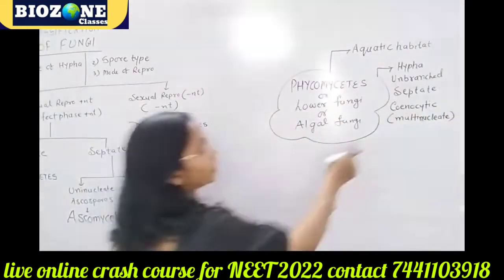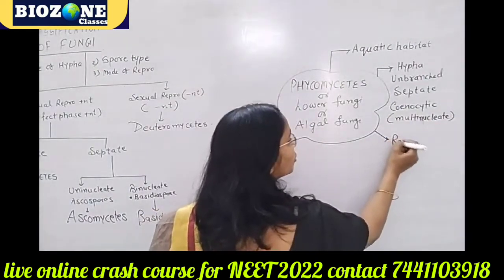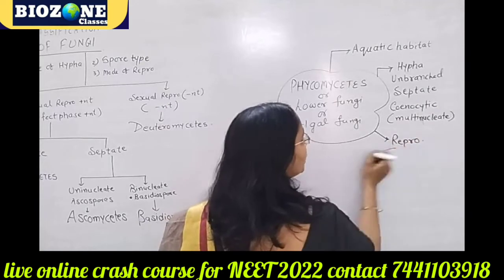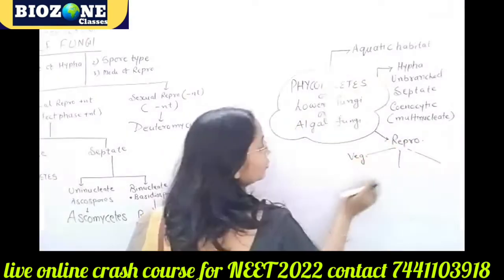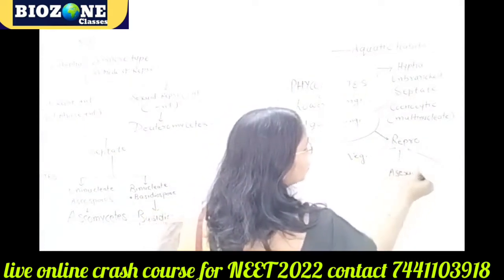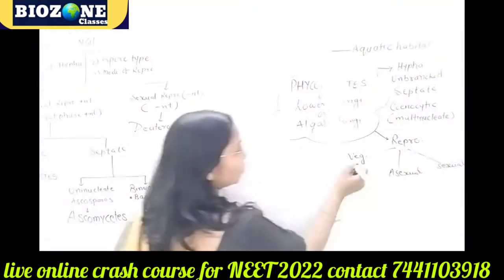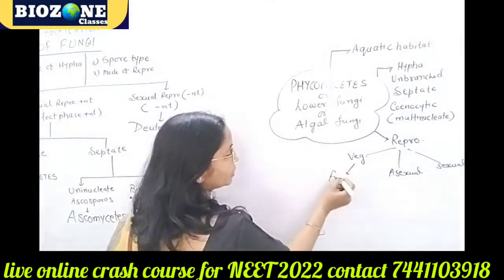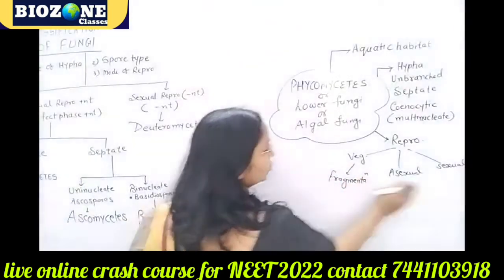Now after that, when you come towards the mode of reproduction, in Phycomycetes all the three modes of reproduction are present: vegetative reproduction, asexual reproduction, as well as sexual reproduction. Vegetative reproduction in Phycomycetes takes place by fragmentation.